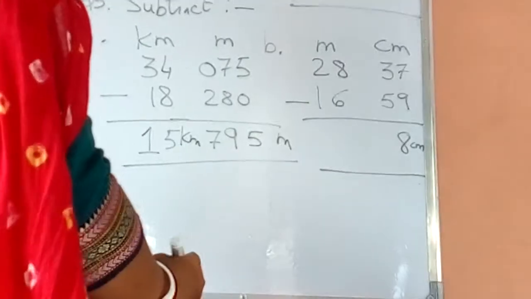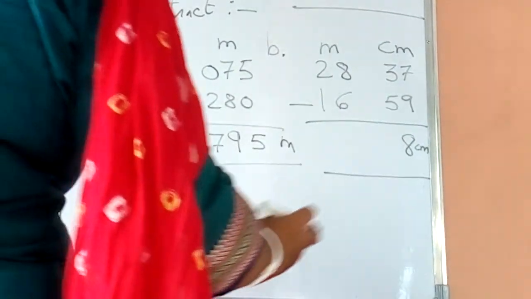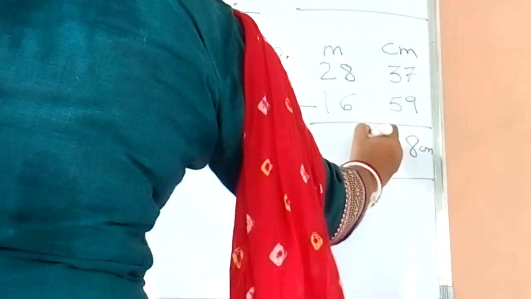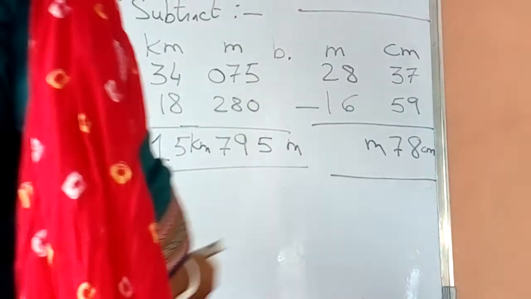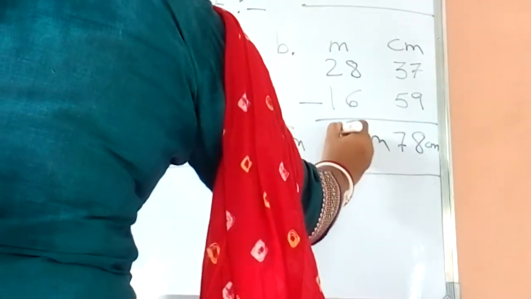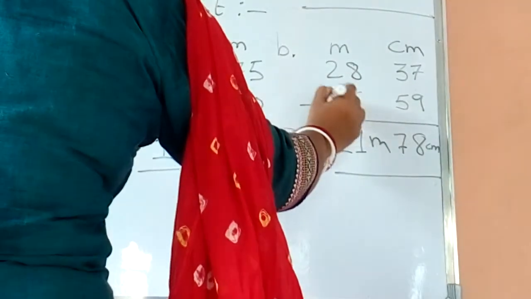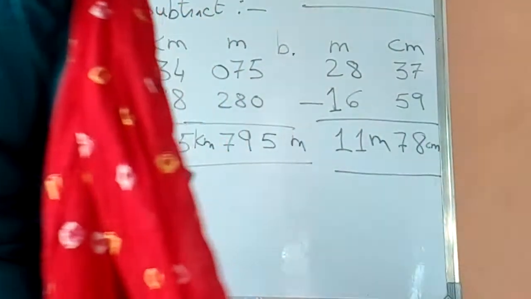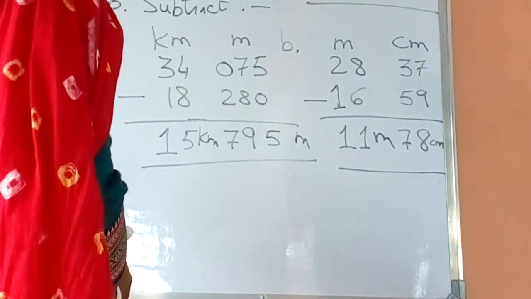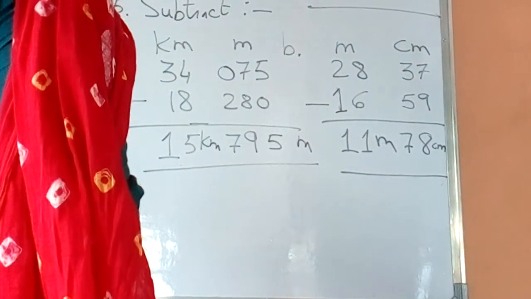This will be centimeter. 8, 6, 7, 8, 9, 10, 11, 12, 13, 7, 8 and this is 1. Okay, so the answer is 11 meter and 78 centimeter.